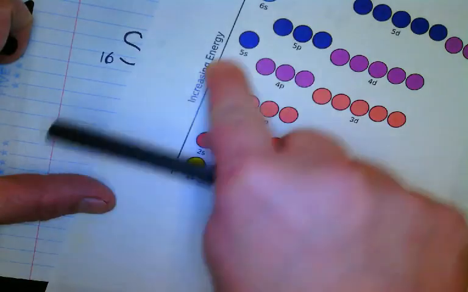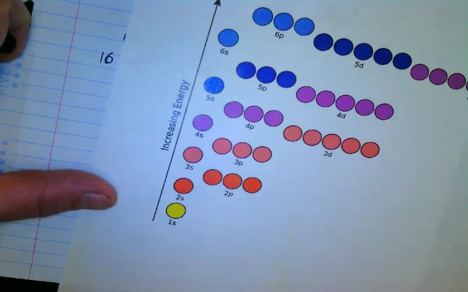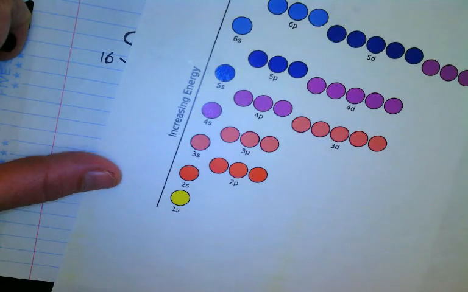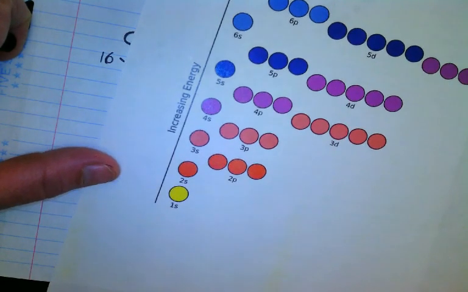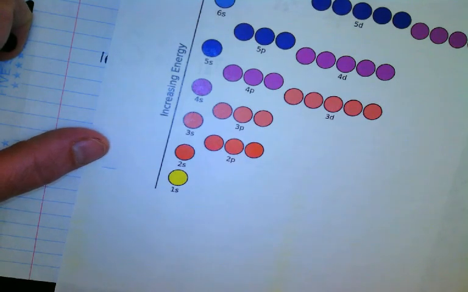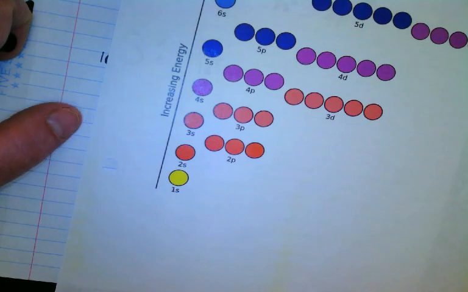Still the same question. Where are we going to go now? What's this arrow say? This arrow right here. What's it say to do? Go up. Okay, so what's the next circle up? How many circles are there?